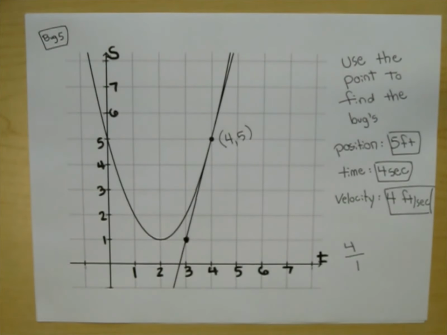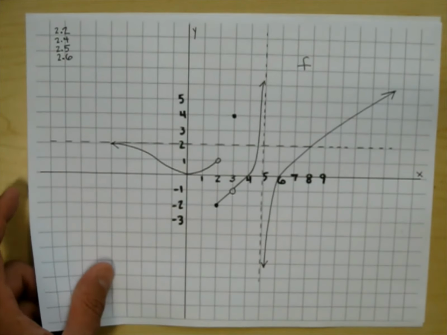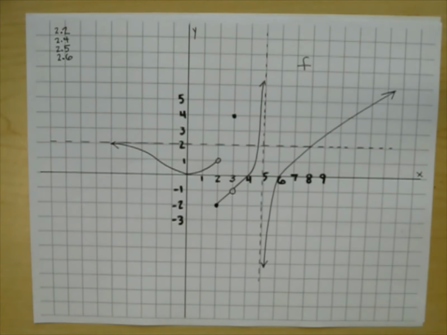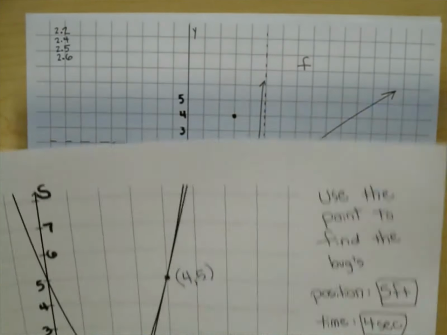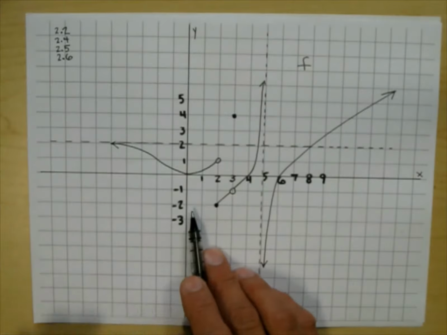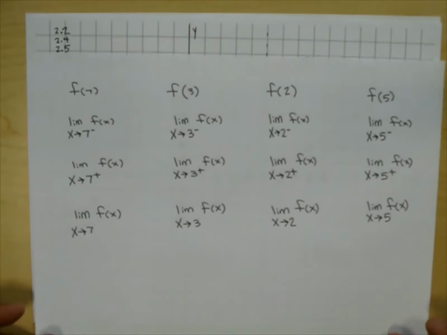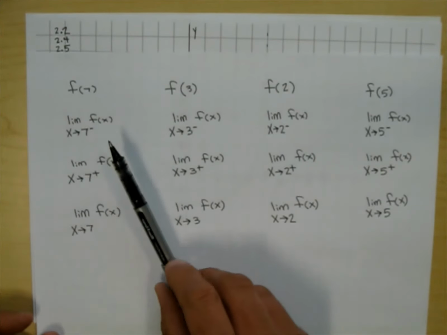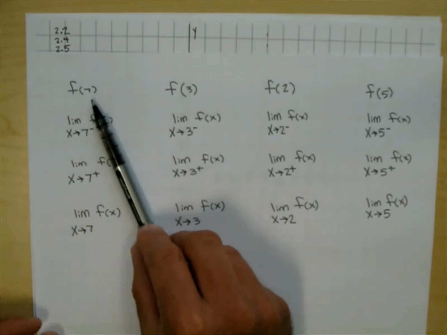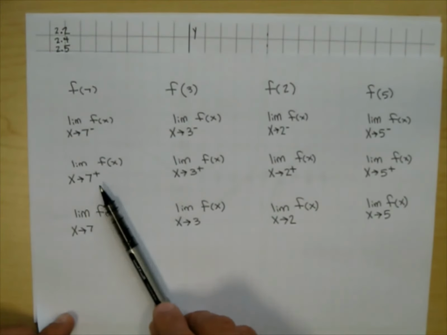Okay, let's go ahead and do some other kinds of problems. This is going to cover things from 2.2, 2.4, 2.5, and 2.6. We have a function, f, and we have lots of problems to do. Here are some of the problems where we analyze each of these points. Here's x equals 7. We want the left-hand limit, the right-hand limit, and the limit.